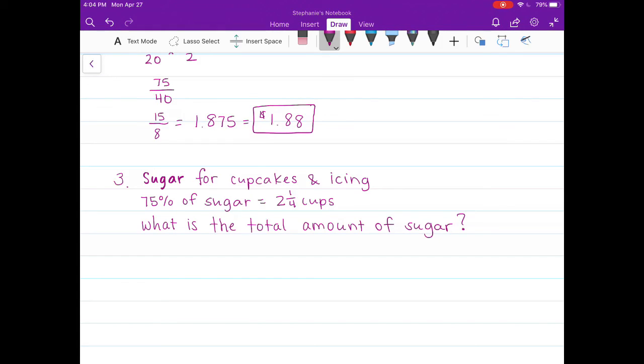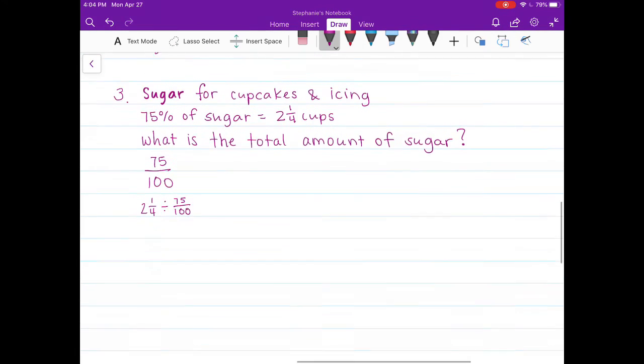The first thing I'm going to do is I will write my percent as a fraction, which means I'll be writing 75 over 100. Now the next part of my problem, I'm going to divide the part by the fraction. So the part that I have is 2 1/4, and I will divide that by 75 over 100.